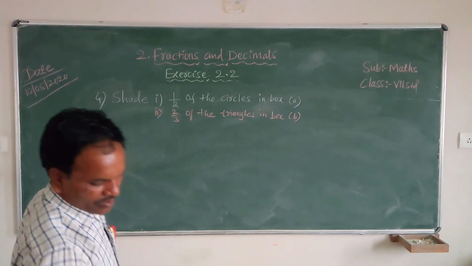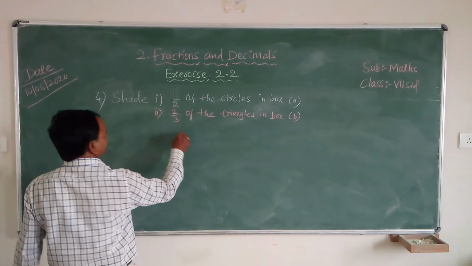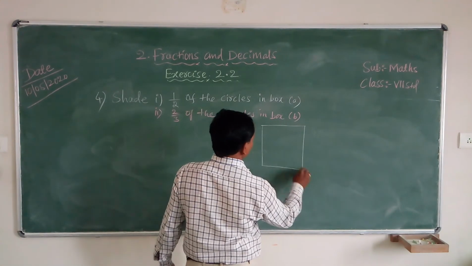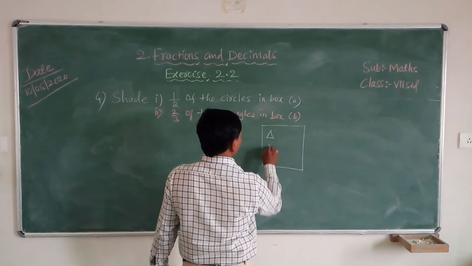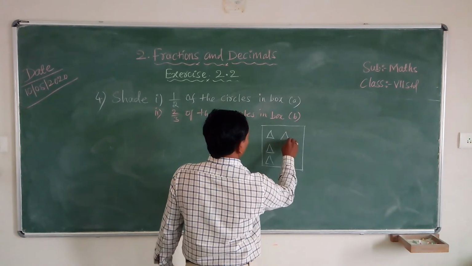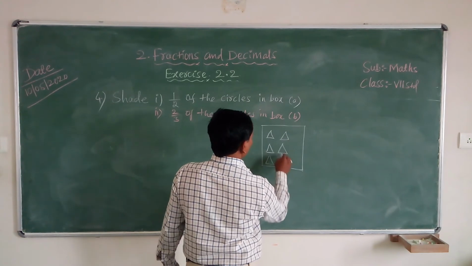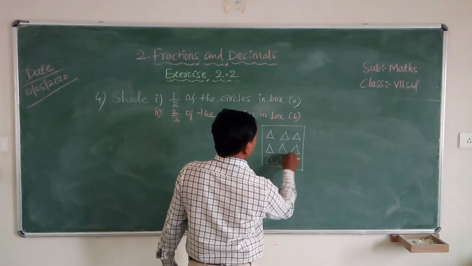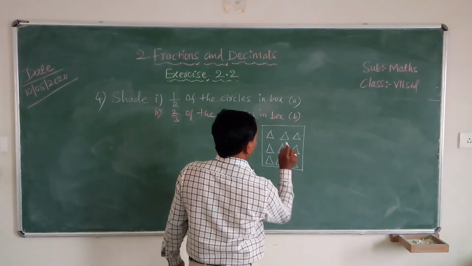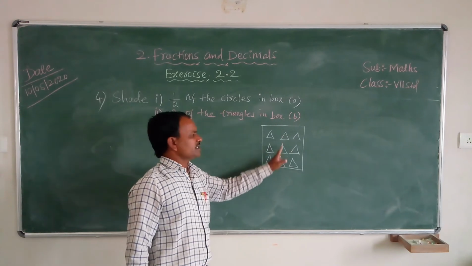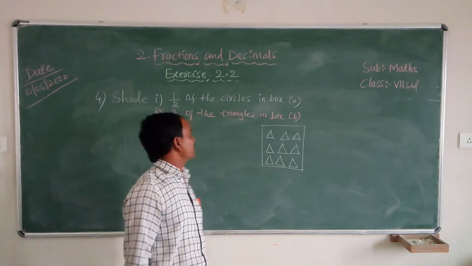So box is there. This is a box. 1, 2, 3. 1, 2, 3. 1, 2, 3. So total how many triangles are there? 3, 3, 3. 3 plus 3 is 6, 6 plus 3 is 9 triangles.